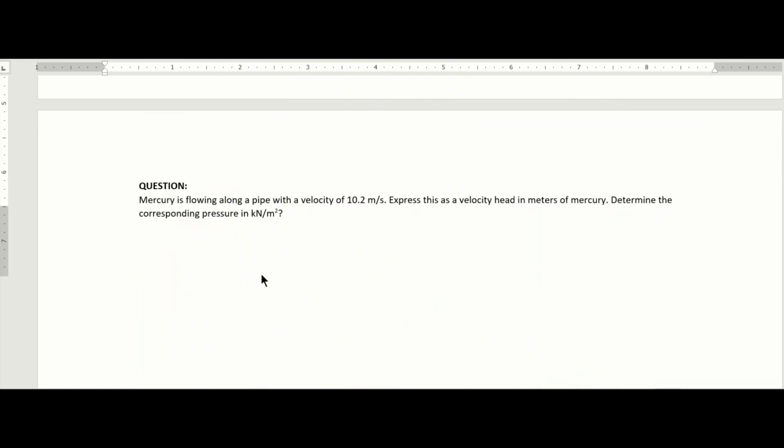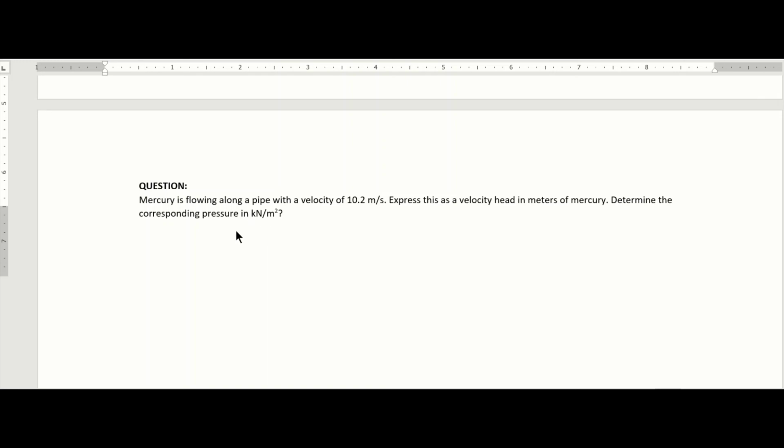Here is another question. We are told that mercury is flowing along a pipe with a velocity of 10.2 meters per second. Express this as a velocity head in meters of mercury. Determine the corresponding pressure in kilonewton per meters squared.